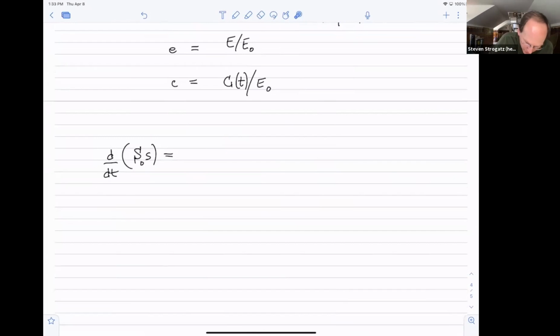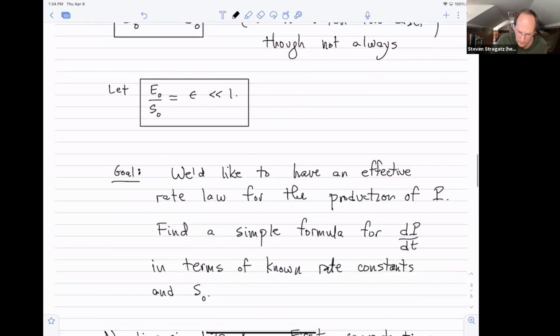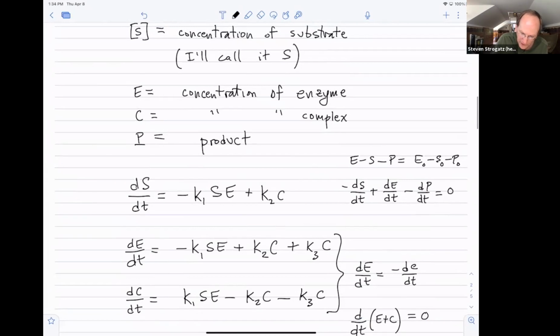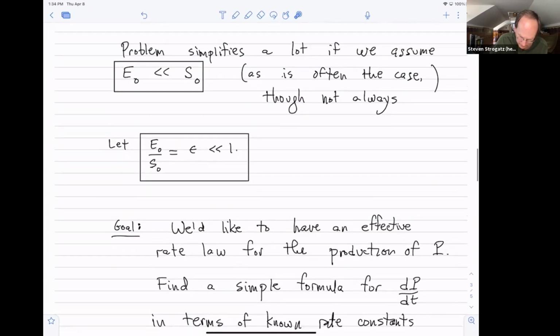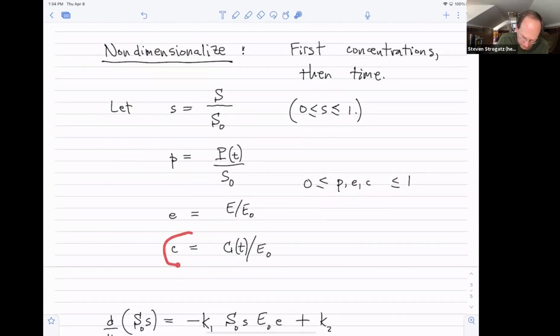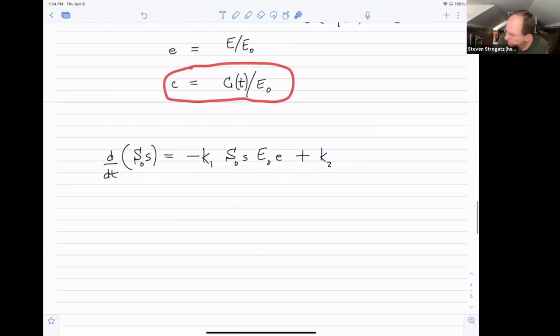So we have S0 times, well, there's a rate constant minus K1 S0 little s, E0 little e, then plus a term K2, and then that was times what? K2 times C, that's this. So C we decided was little c times E0. So I have E0 little c here.